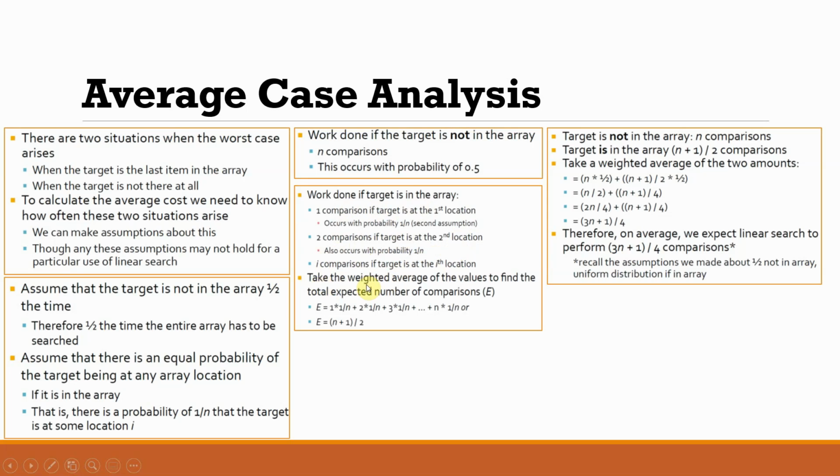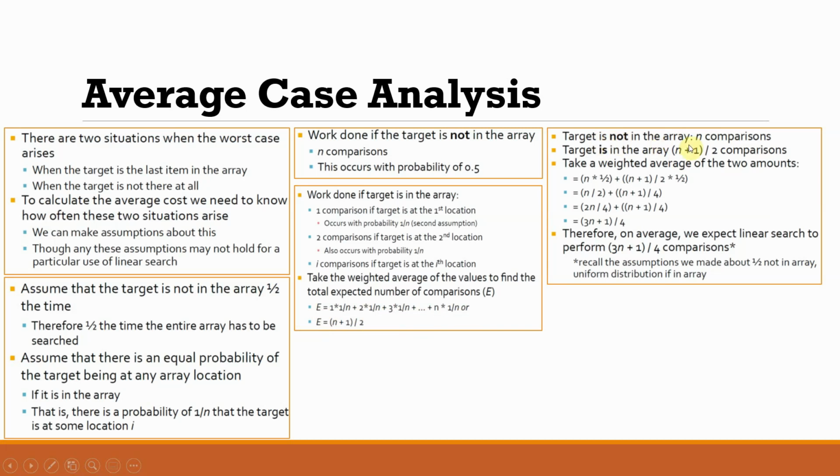So if we find the weighted average of all these values, we basically multiply the number of operations by the probability of that case happening. If we do that, we end up with this expression.